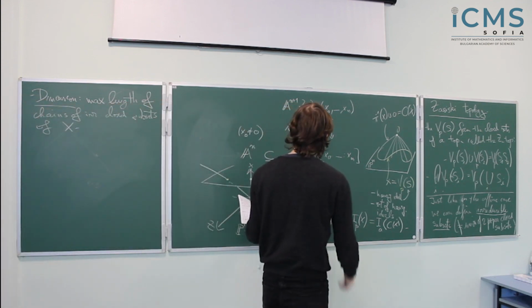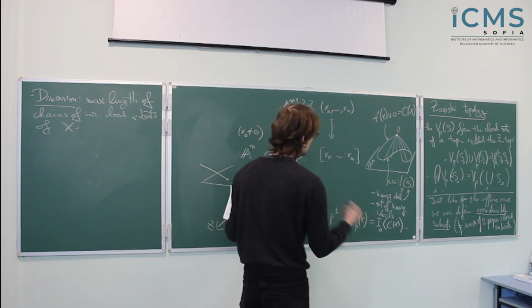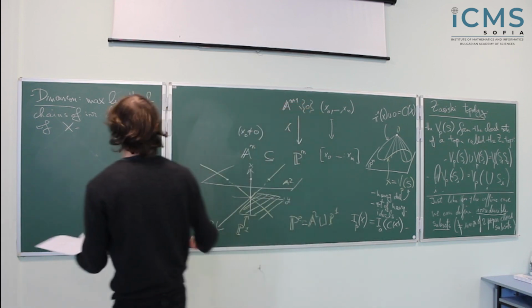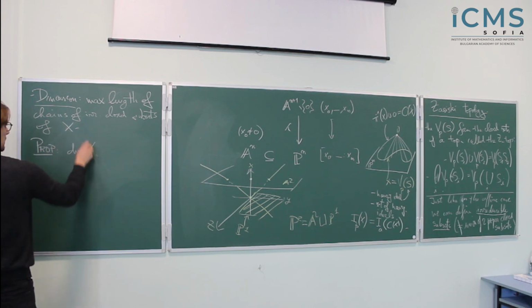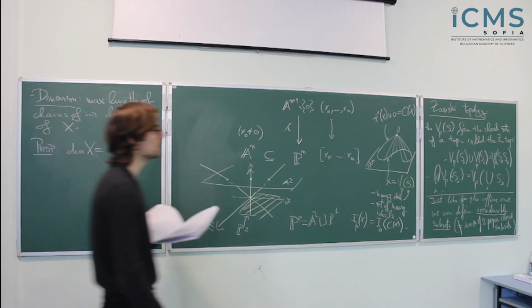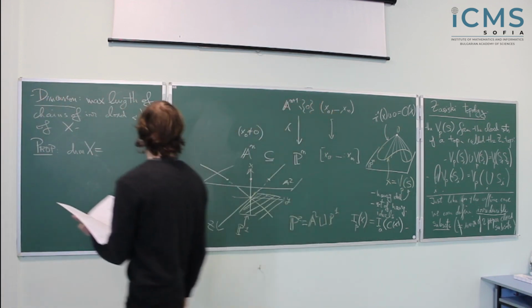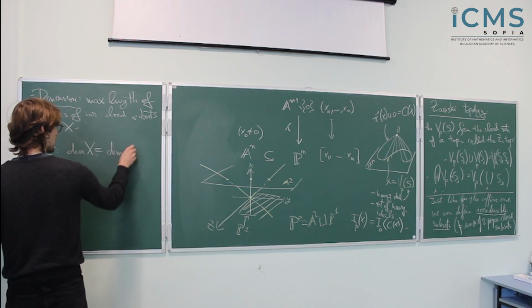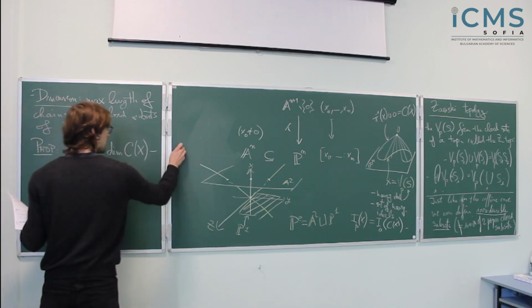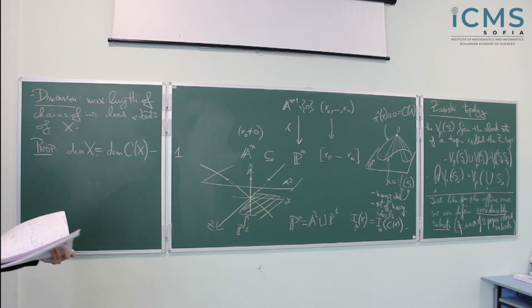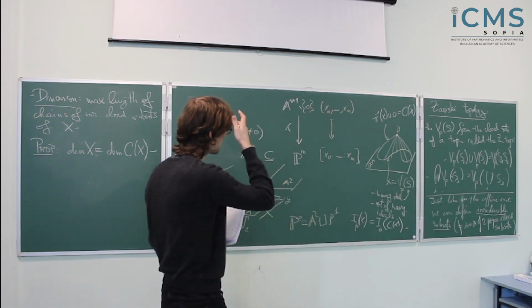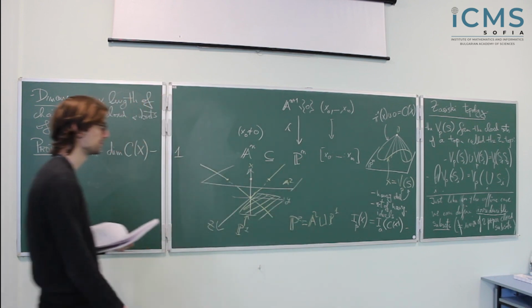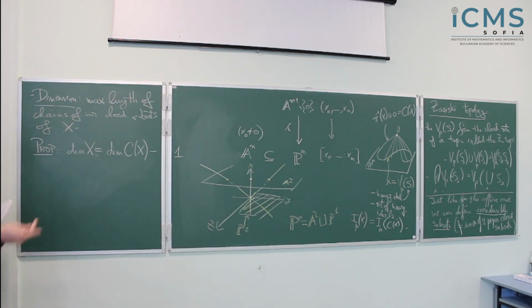But actually we can give an even more precise statement. We can prove that the dimension of X is the dimension of the cone C of X minus 1. Now the minus 1 comes because we contract one dimension by taking the projective image. Lines become a point, so it's normal that we should deplete one dimension.